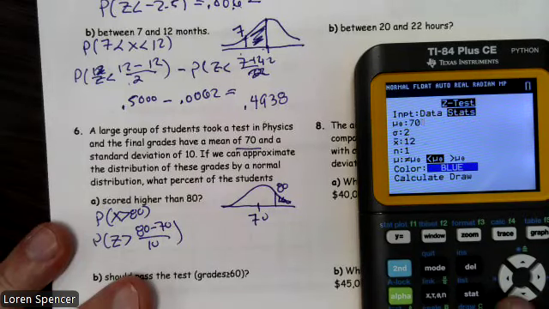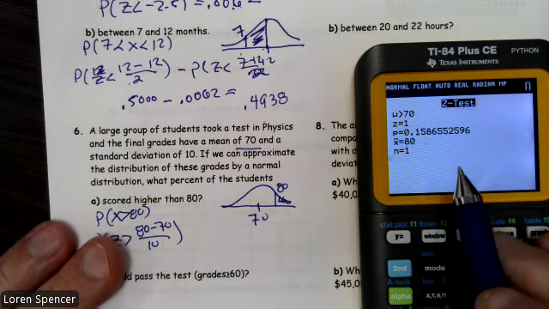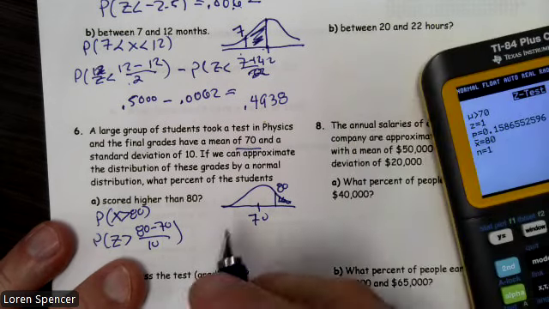Mean 70, standard deviation 10, X 80, but we're shading up, and we get 0.1586.